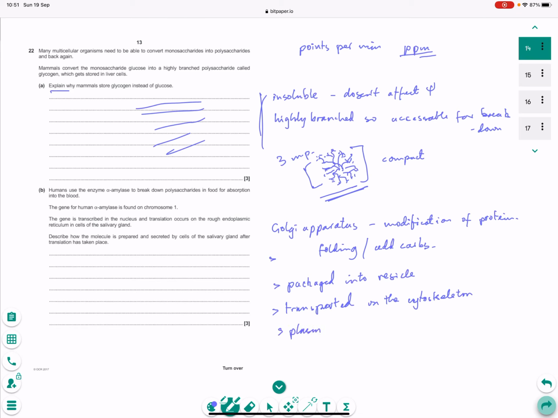Don't write membrane, write plasma membrane. Hair on the screen, damn it. Plasma membrane. And then it's released through the process of exocytosis. That means outside the cell.